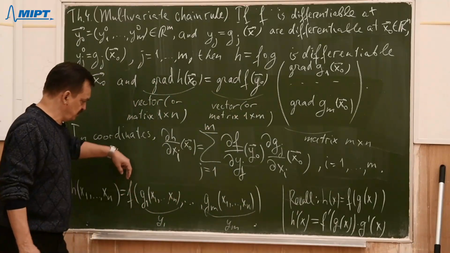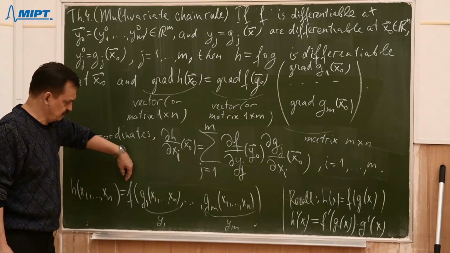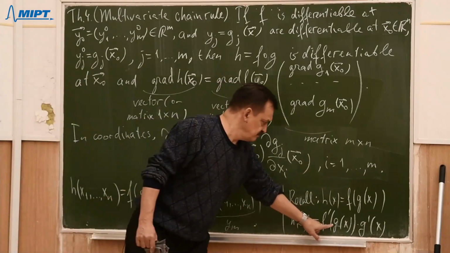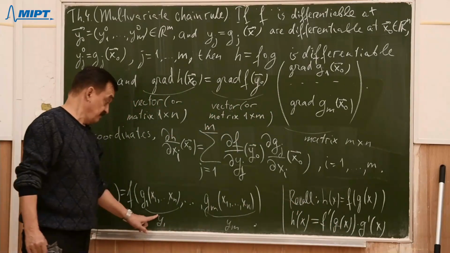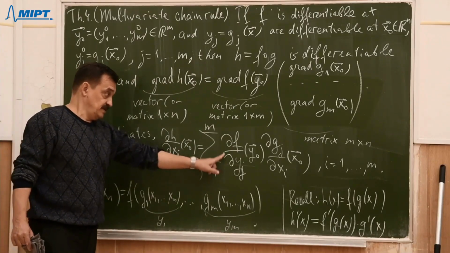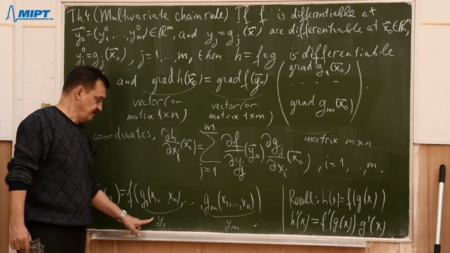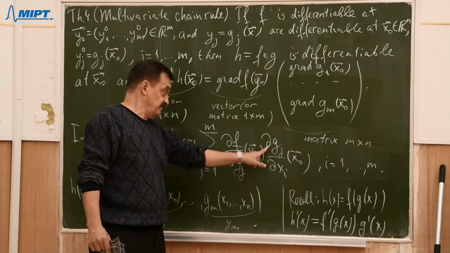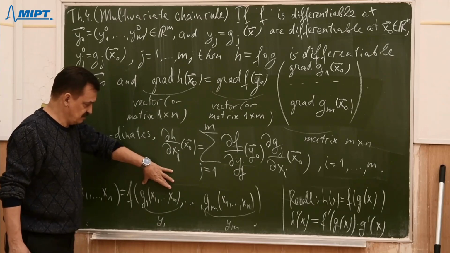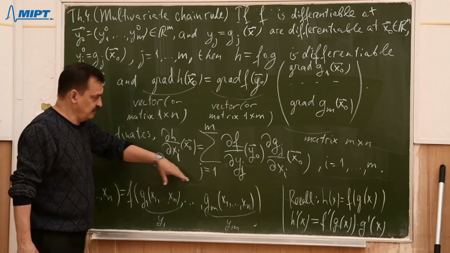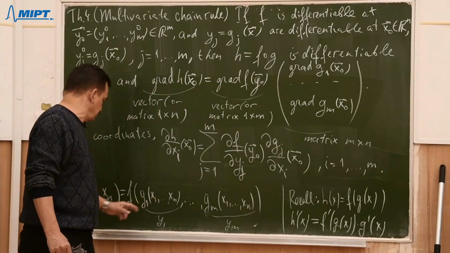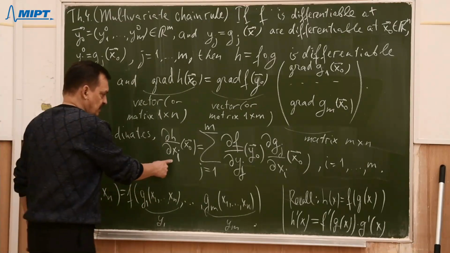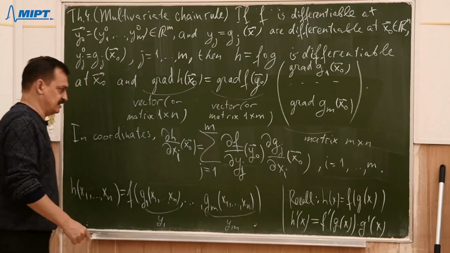So we differentiate the outer function f with respect to the inner variable y1, df over dy1, and multiply by the derivative of the same function, which is here, right? And we differentiate that function with respect to that variable which we want. So you see, xi is the same as here, xi.